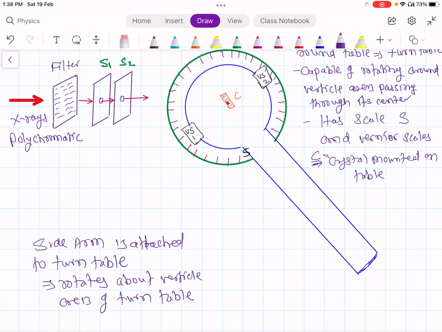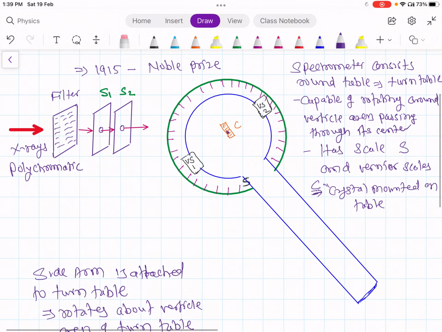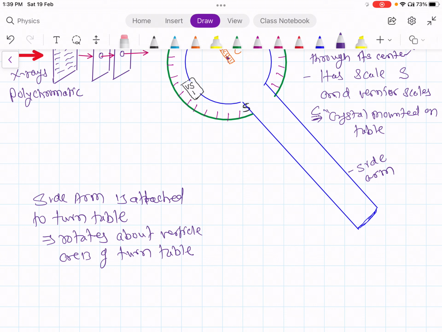So around the vertical axis, which is the normal to the surface passing through the center of the table, this turntable can rotate. And also, this is the side arm which is attached to the turntable. This side arm also can rotate around the same axis.